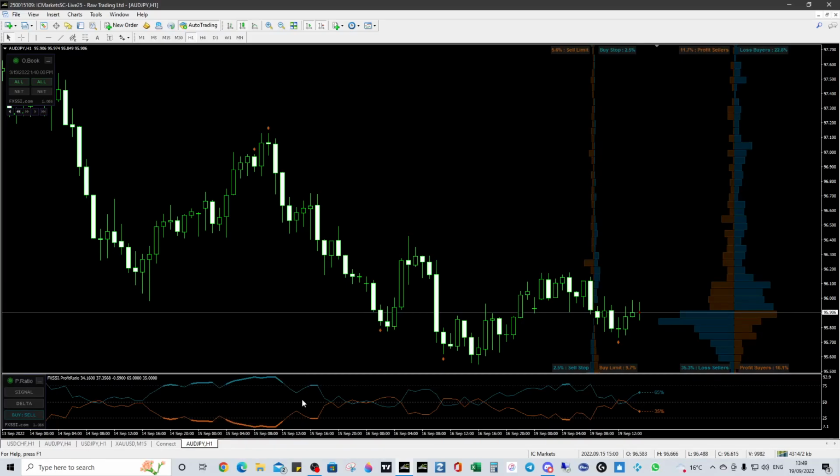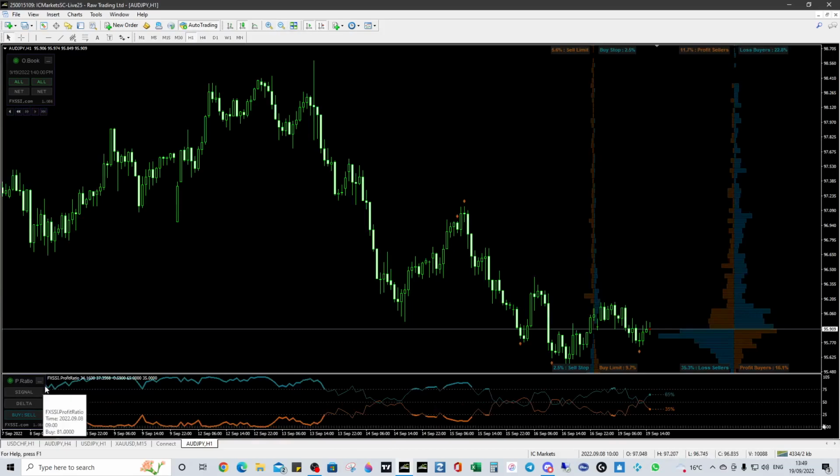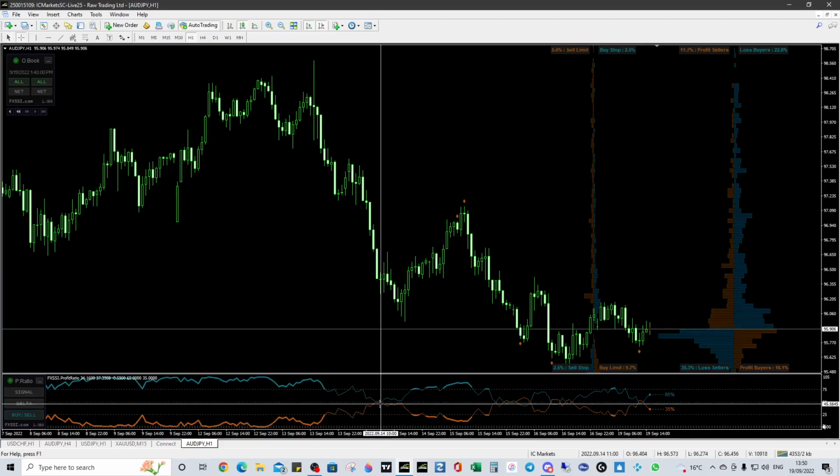So let's have a look at an example where we can potentially use this. Let's zoom out perhaps. Okay, so we had quite a long run here. It was a fairly decent move from the profitable traders. They concluded this position around about here.